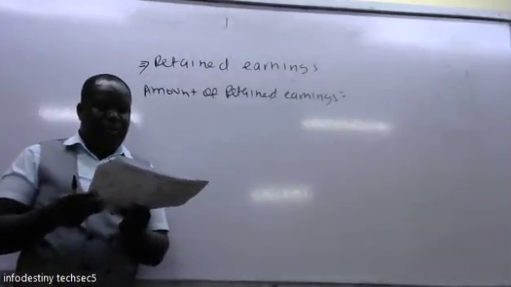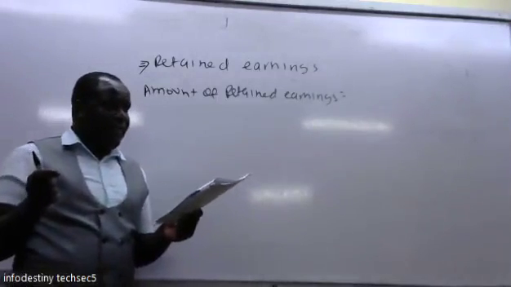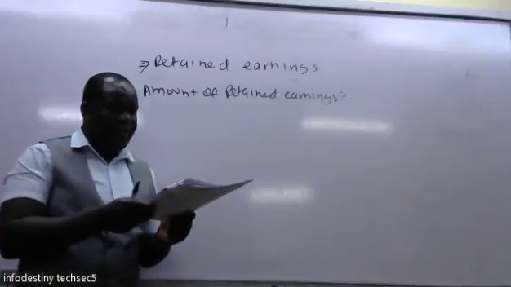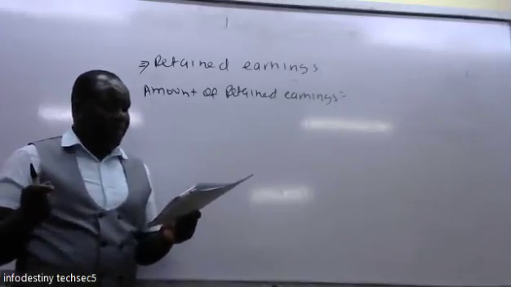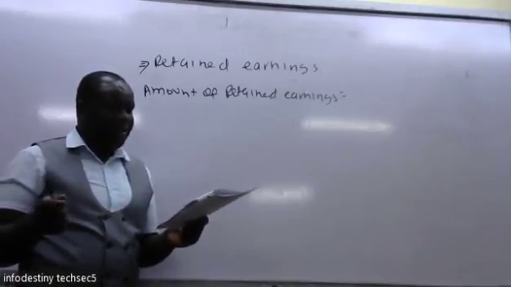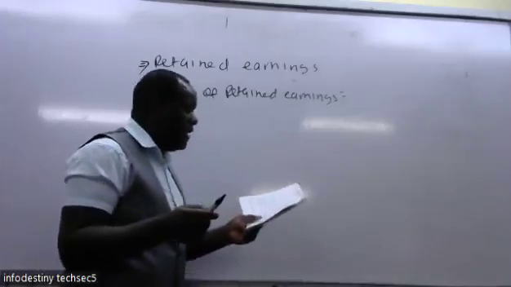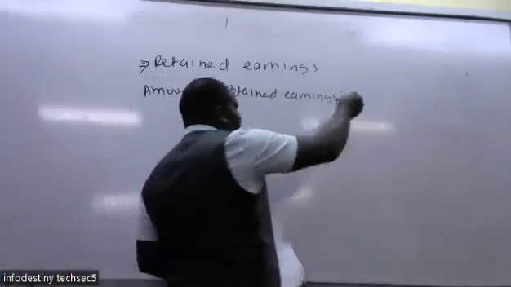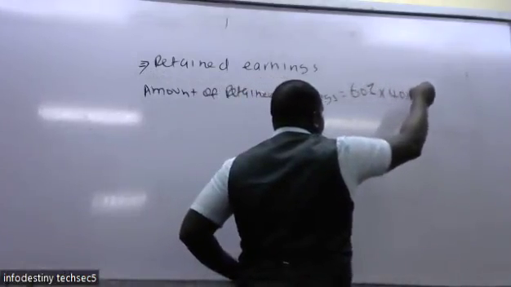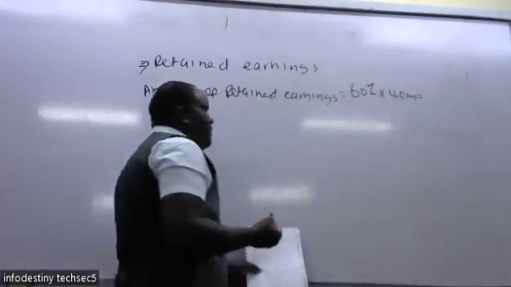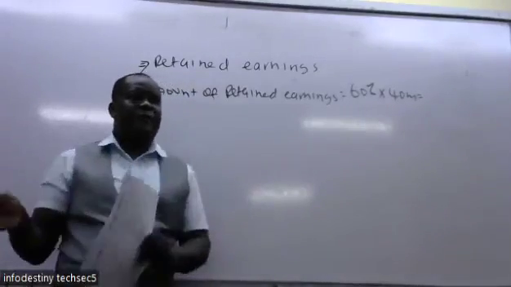note number 3. In Note 3, they said that the company expects net income of 40 million, but the dividend payout ratio is 40%. So the amount of the retained earnings will be 60% of the 40 million, because they pay out 40%.